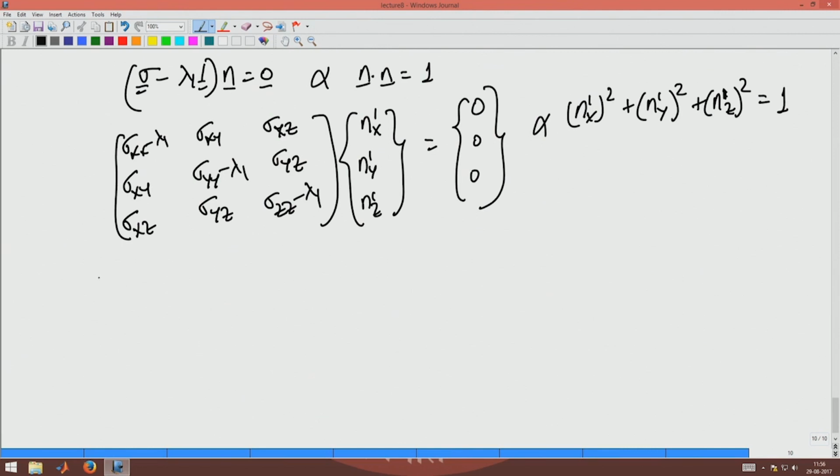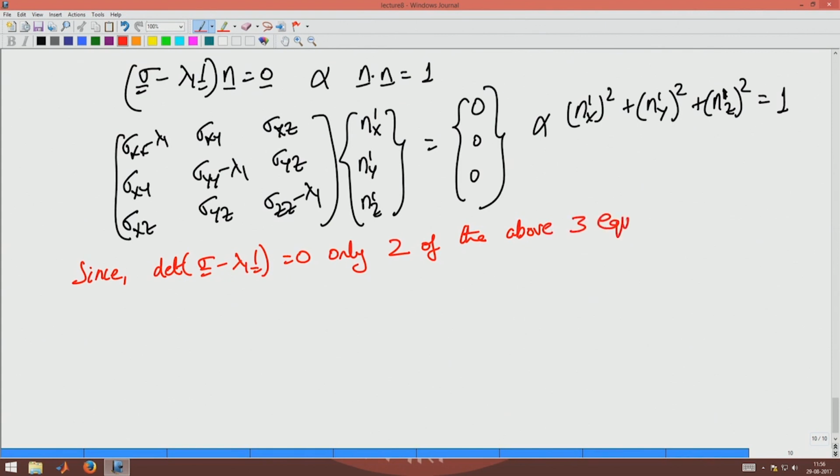Since the determinant of sigma minus lambda 1 identity is equal to 0, only 2 of the above 3 equations are independent.